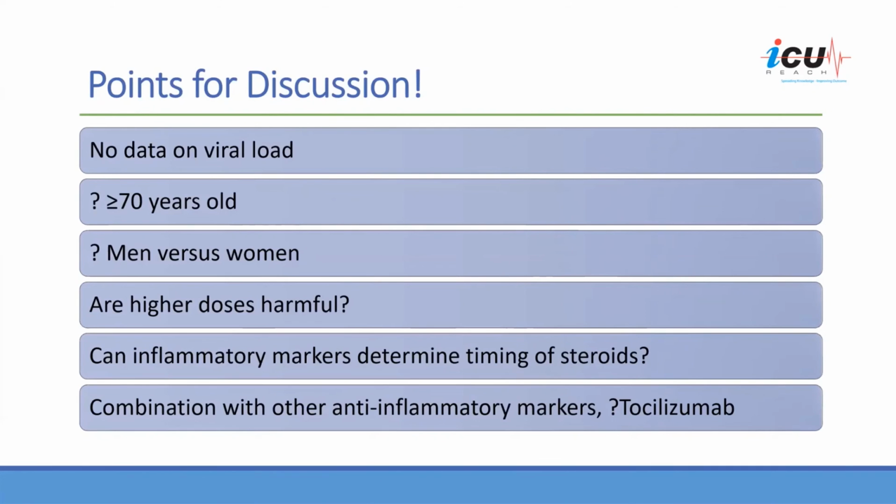They did not measure this in their study, and we have a question mark whether it is powerful enough to say that those patients who are 70 years or older, or the women, do not benefit as much as the men and the younger ones.